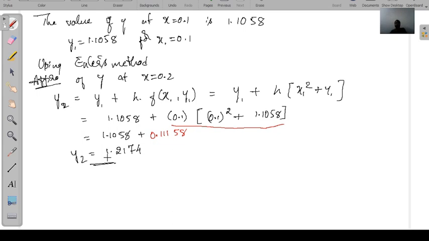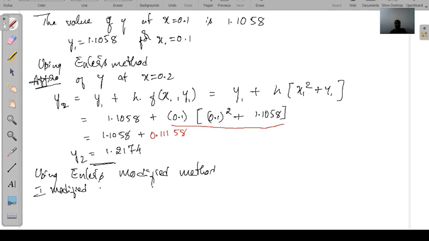Now we have to find out the modified value using Euler's modified method. We are going to find out y2, the first modified value.